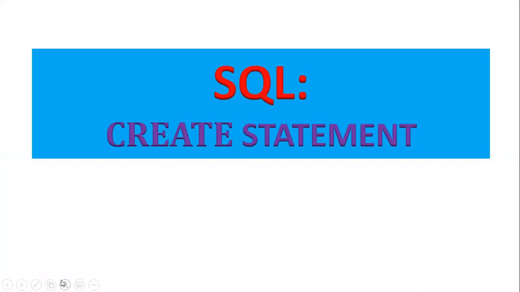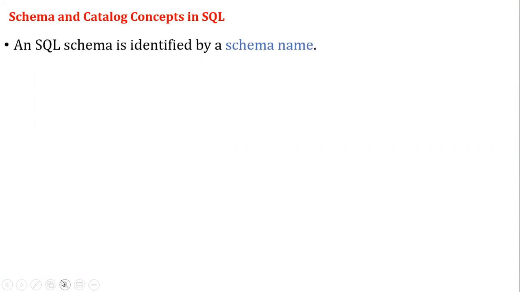The create statement is used to create the schema. We can create tables, views, triggers, assertions; any component of the database can be created with the help of the create command. Before creating the smallest component, the table, let's first create the schema for the database.